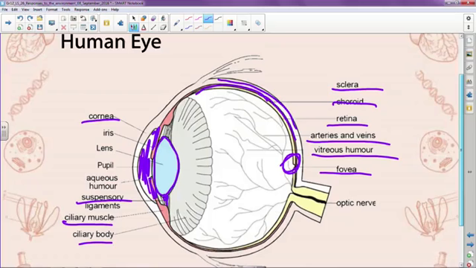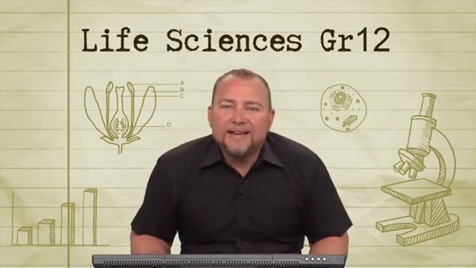Then you get your optic nerve, which you can see comes out here. If anything is in focus over there, you are not going to see it. Another name for that specific spot is your blind spot. Remember, you're looking at rods and cones. Cones are colors, rods are black and white. Those are the main things on the eye.